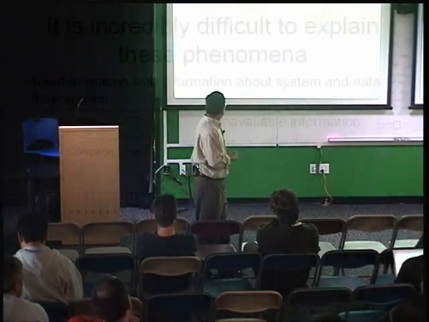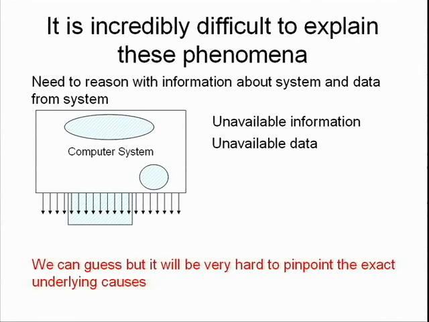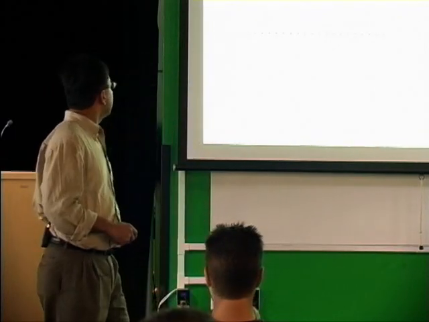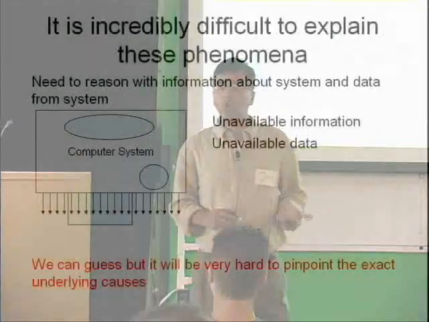Also, Intel does not make available metrics that measure what the LSD is doing in an execution. So we can't see what it's actually doing. So we can guess what is happening, but it will be very, very hard to pinpoint the exact underlying causes.